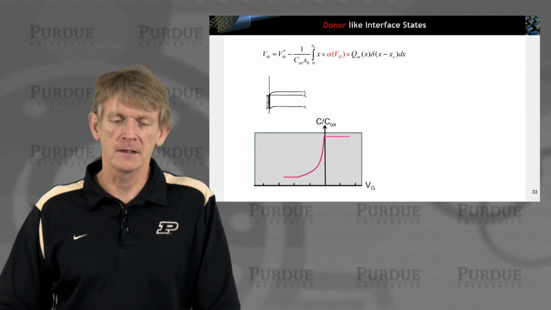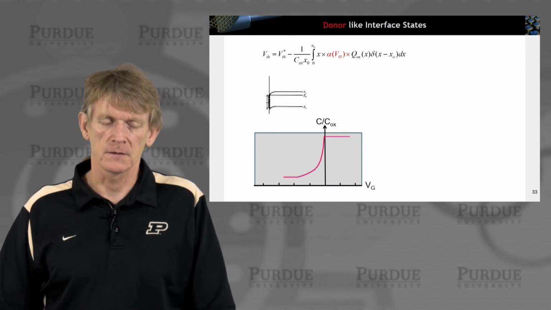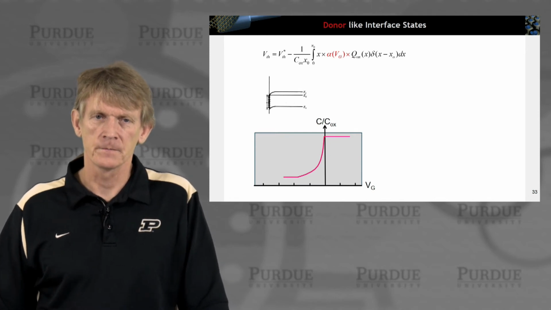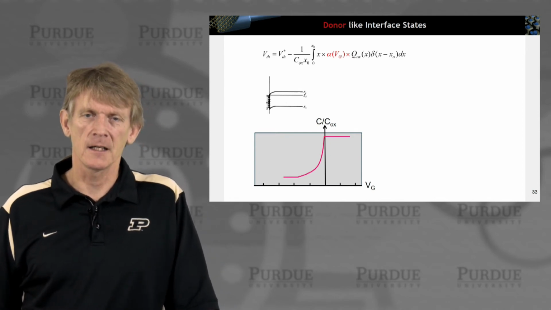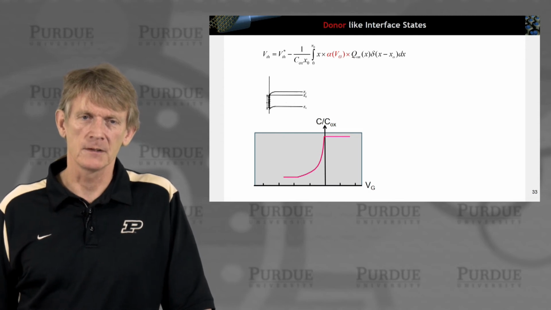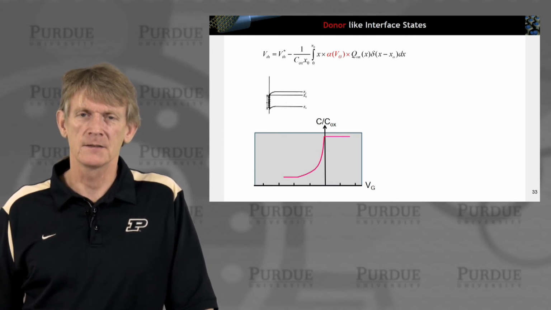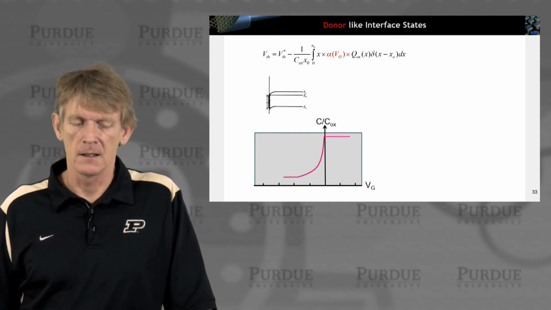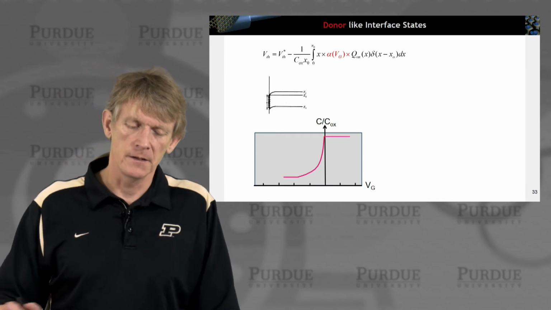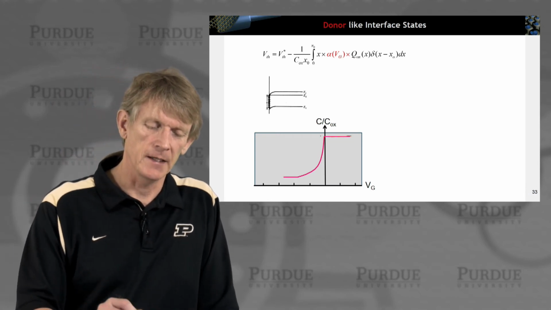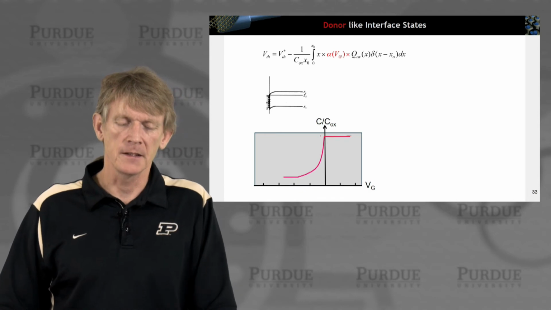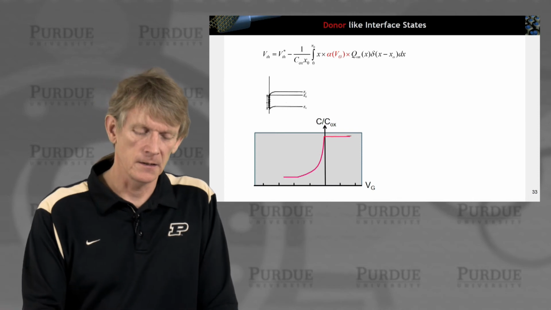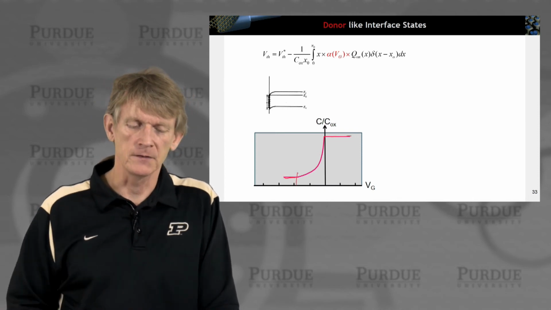So let's look at the donor-like interface states first, okay? And let's look at an N-type semiconductor. Now with the N-type semiconductor, that's equal and opposite to the P-type, if you will, the CV curve is again flipped. I mentioned this earlier in the sections. So your CV is flat for positive biases up here, and then it drops down as the parabolic distribution, and then it reaches threshold and roughly stays flat.